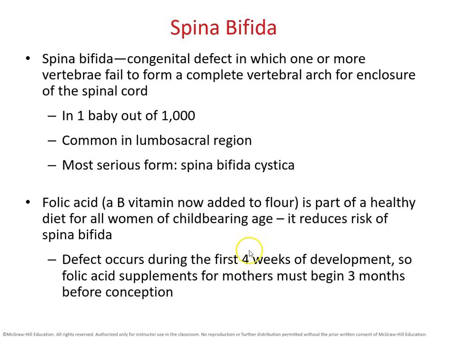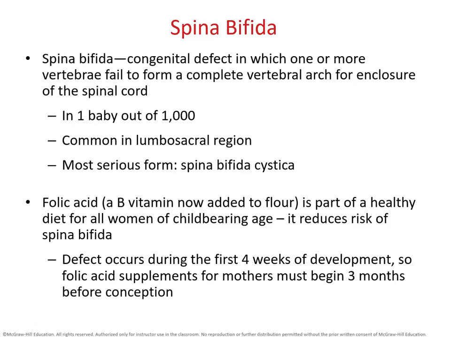So taking, for instance, prenatal vitamins starting at the time the mother realizes that she's pregnant, it's too late. This birth defect may already be set up if the woman was deficient in folic acid.